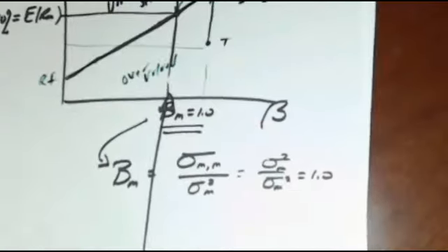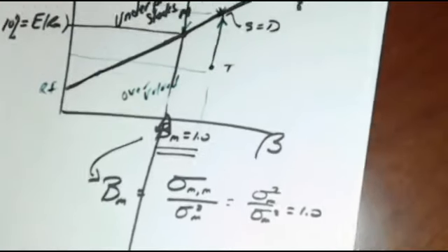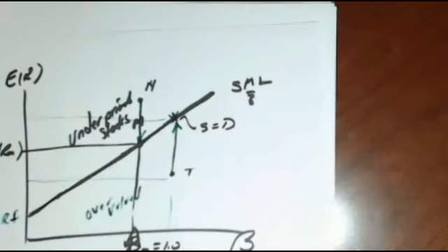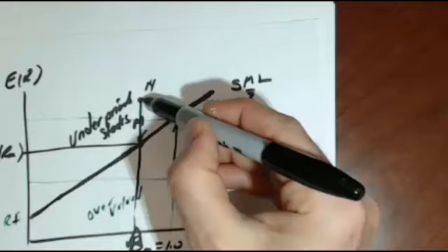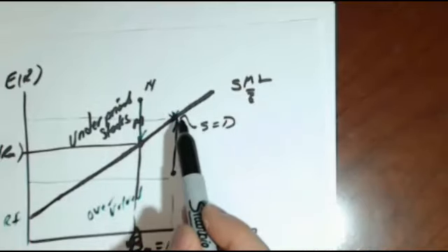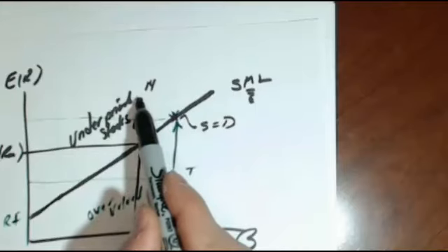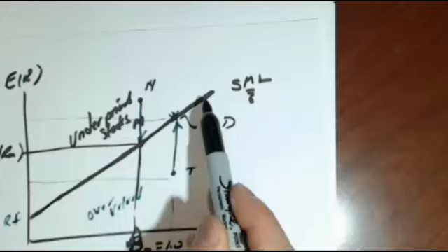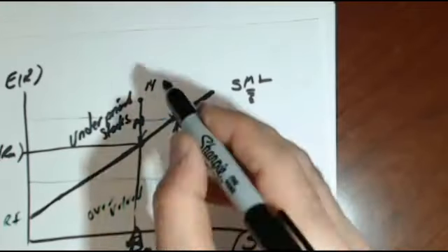Now, one more thing I want to talk about is alpha. What I've done here in each of these cases is, when you're off this security market line and have expectations different from what they ought to be given the risks, you have the concept of alpha.